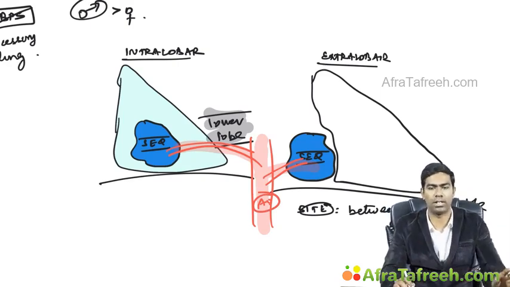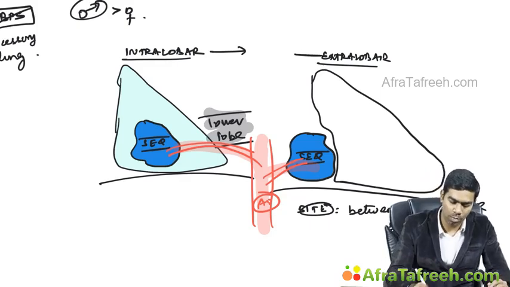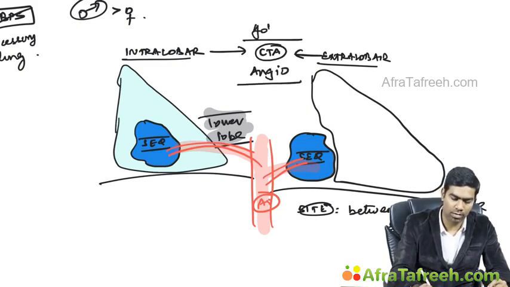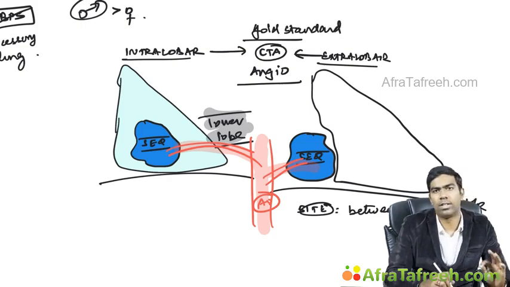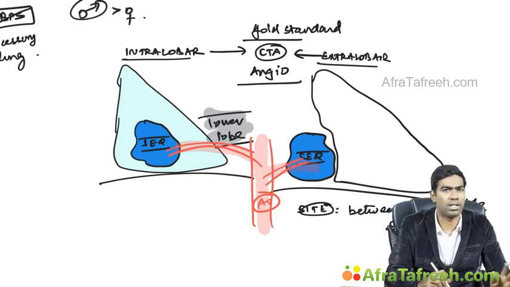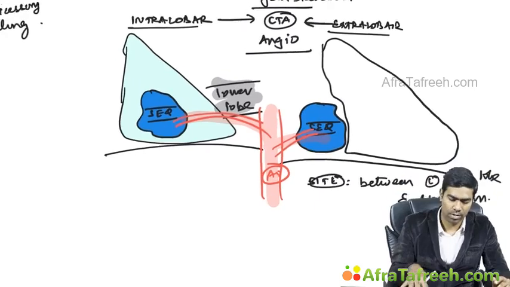This is a bronchopulmonary sequestration. So no matter what the type of sequestration, CT angiogram or any form of angiogram is the gold standard for diagnosis of the sequestered portion of the lung. Vascular supply is the key. That's the magic. That's what gives the diagnosis.